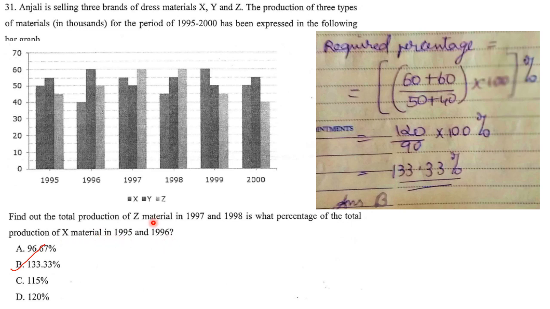Z material in 1997 and 98 you will find is around 60, so 60 plus 60, divided by X material in 1995 and 96. So this is X, that is 50, and in 96 it is 40. So 50 plus 40, into 100, that will give you 133.33%. So the answer here will be option B.